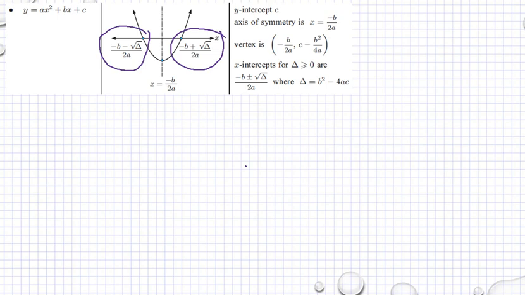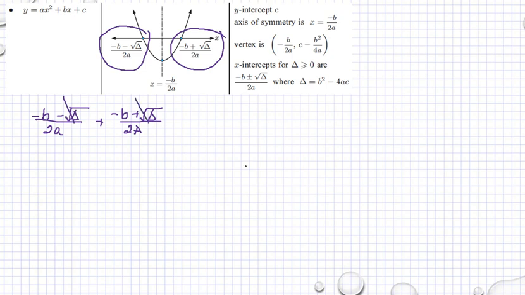When I add those, if I add negative b minus the square root of the discriminant, divided by 2a, plus negative b plus the square root of the discriminant, divided by 2a, the discriminant terms cancel.